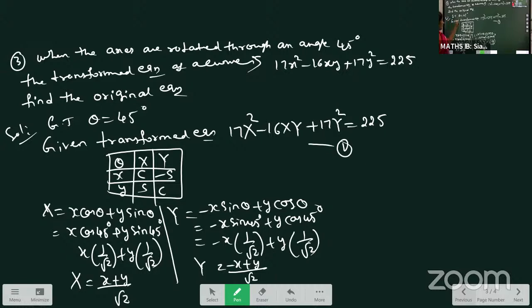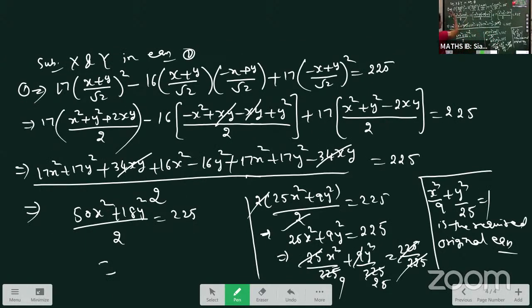In that, the angle theta is 45 degrees. With the table, convert the capital X and capital Y values. Substitute the angle 45. We know cos 45 degrees and sin 45 degrees values are 1 by root 2 and 1 by root 2. After getting capital X and capital Y, substitute in the transformed equation and simplify by using the a plus b whole square and a minus b whole square formulas. Then the resulting equation you will be getting is the original equation.